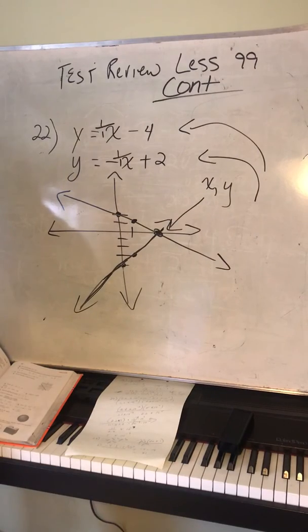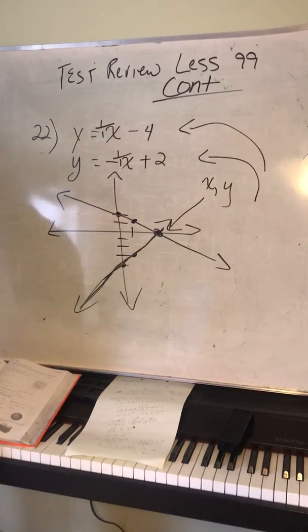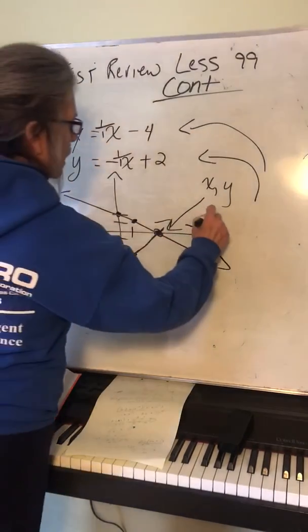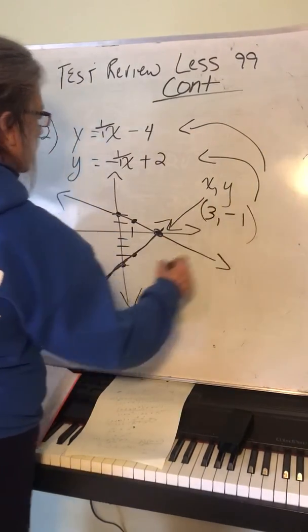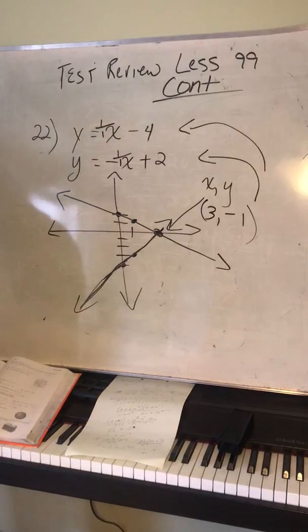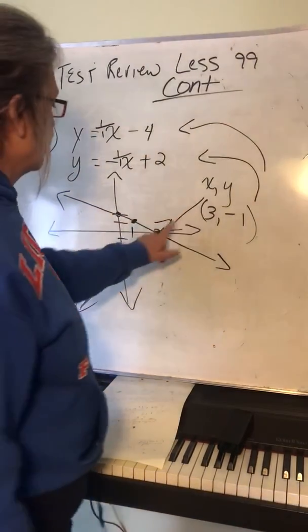Number 22, the point is, what's the point? 3, negative 1 is what that point is. Well, mine doesn't look like that, but 3, negative 1. But when you get done with this, your graph should look like 3, negative 1, okay?